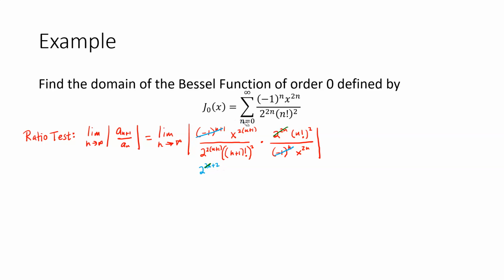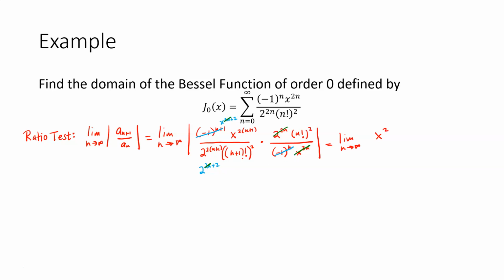Let's scooch that over a little bit. So when I divide that with the x to the 2n plus 2, or x to the 2n here, the 2n divides. So I'm just left with x squared. Okay, so let's write what we have so far. We simplify these x factors and we're left with x squared in the top.